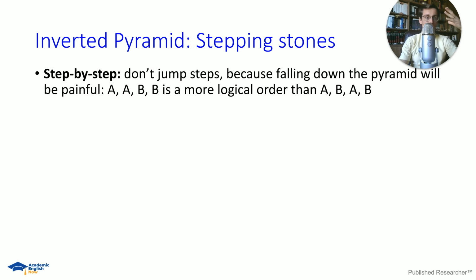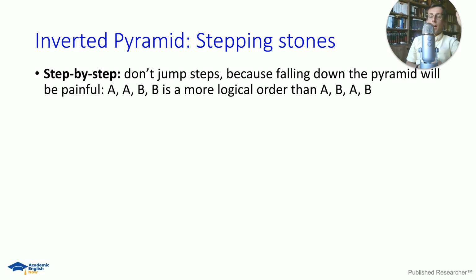Jumping steps isn't advisable because you can just fall down the pyramid and break your neck, and that would be painful. So the way to go step by step is, for example, you want to talk about idea A first in full, and then move to idea B. Don't jump between steps or ideas. So don't go A, B, A, C, B, A, because that's just confusing.